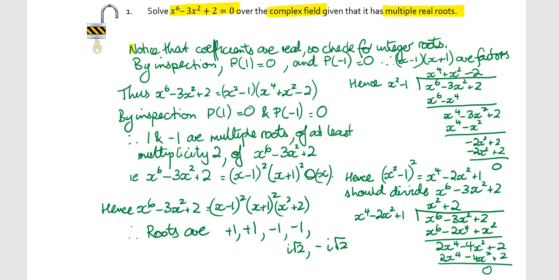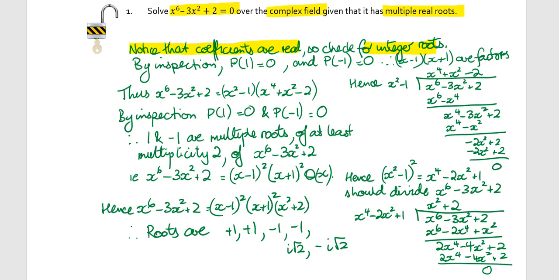So the first thing to do is to notice that the coefficients are real. So if the coefficients are real, it may possibly have integer roots. So we check for those. And if it does have integer roots, they'll be factors of 2, so that will be plus or minus 1 and plus or minus 2.